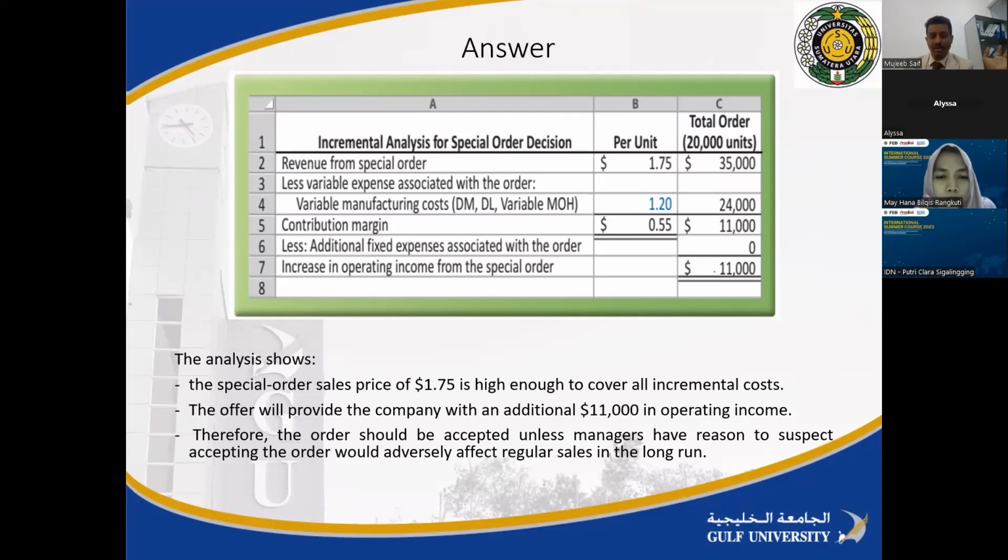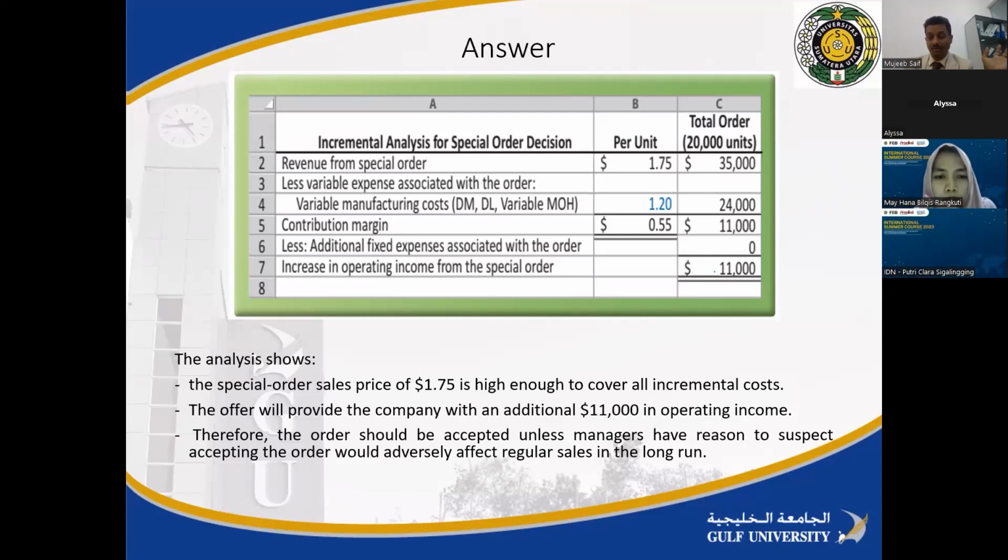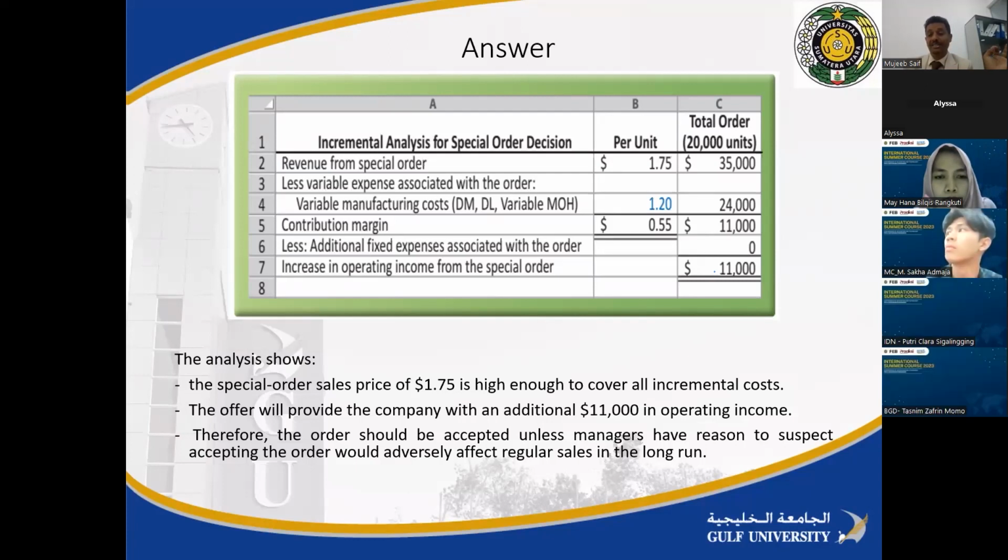Some managers don't like to reduce the sales price. They think that if I reduce the sales price, my profit will be less. But if you reduce the sales price, you will increase the sales units. Once you increase the sales units, the cost for each unit will be reduced and your profit will be higher than if you keep the price high, right?